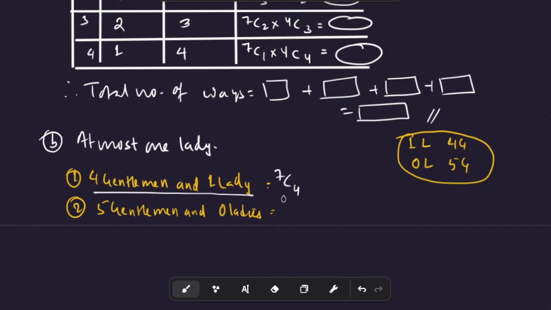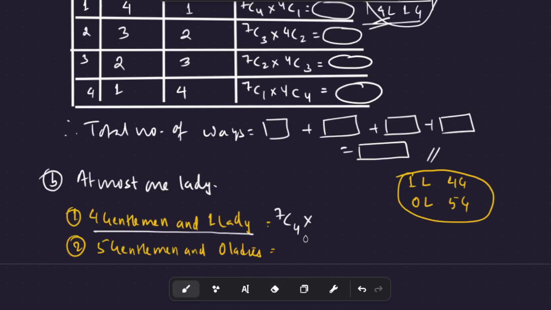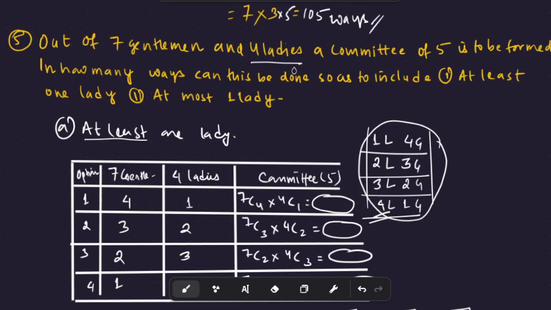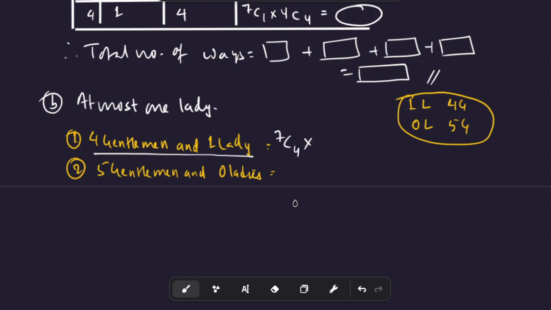Times 4C1. In total, there are four ladies, and out of four, one lady should be selected. Okay, you'll get one value there. Similarly, 7C5 times 4C0, and we get another value here.